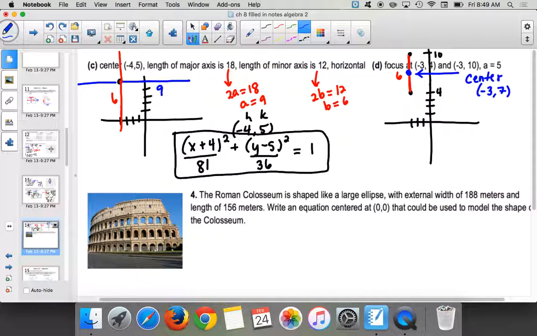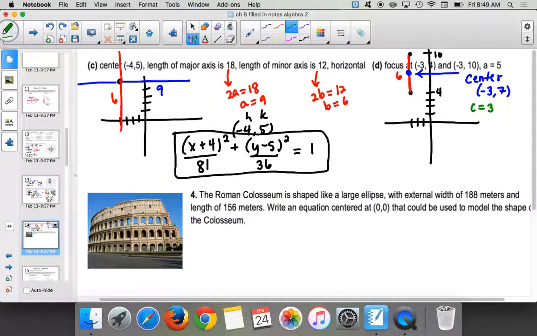Do you see how we get that? Because the distance between 10 and 4 is 6. So if we go from 4 and we just go up 3, then we're going to get to the center. Or if you start at 10 and you go down 3. So we have the center. Now we have c. Do you guys know what c is? c is the distance from the center to the focus.